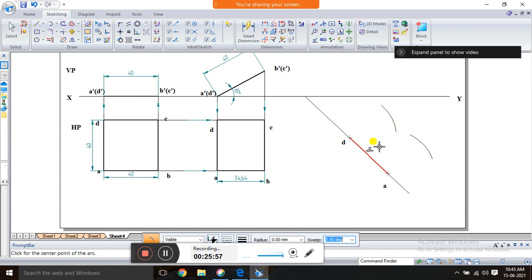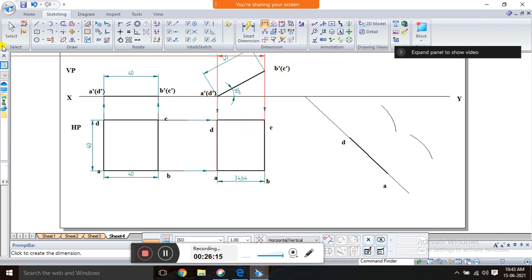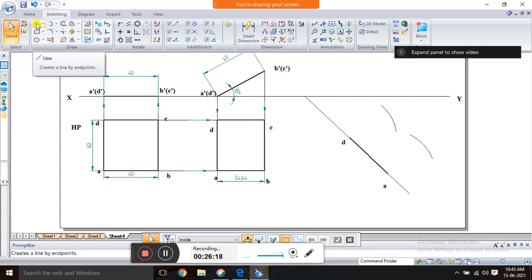cut the arc. Then you have to measure the distance from A to C. With the help of the compass, place it here at A and mark C. So crossly you have to measure this A to C. By the compass, place here and you can place here on C. It is 52.92.